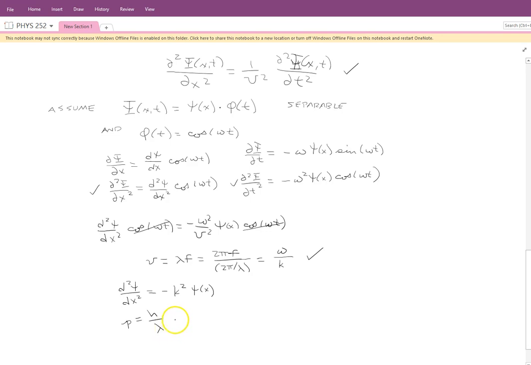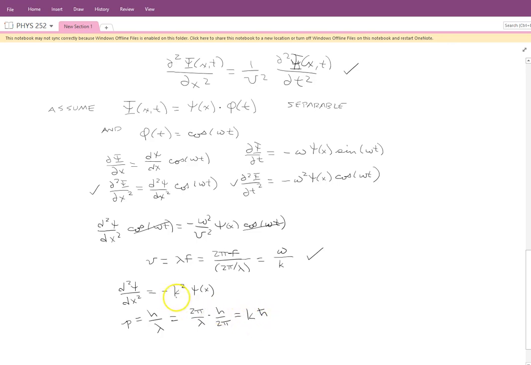So I can write h over lambda as 2 pi over lambda times h over 2 pi. I recognize 2 pi over lambda as k, the angular wave number, and h over 2 pi, recall, I can abbreviate as h bar.